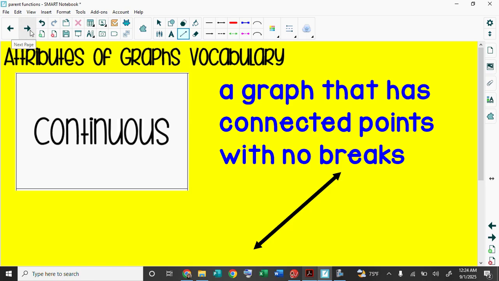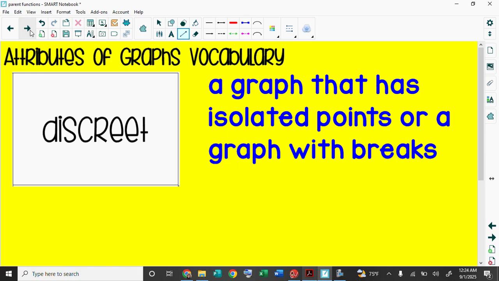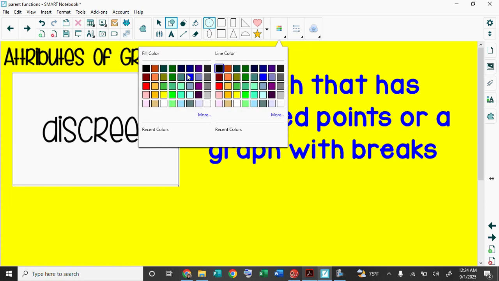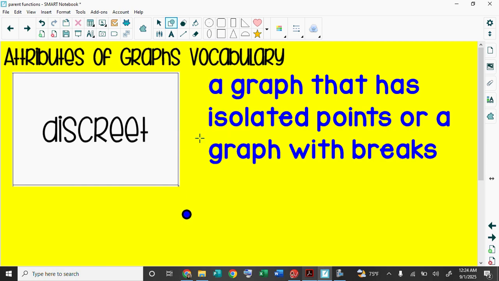After continuous is discrete. Discrete is a graph that has isolated points or graphs with breaks. So a graph with isolated points is going to be all going in the same direction. We're going to have bold blue dots. There's my dot.